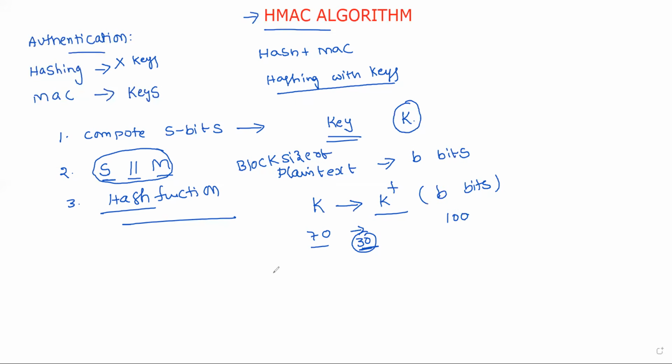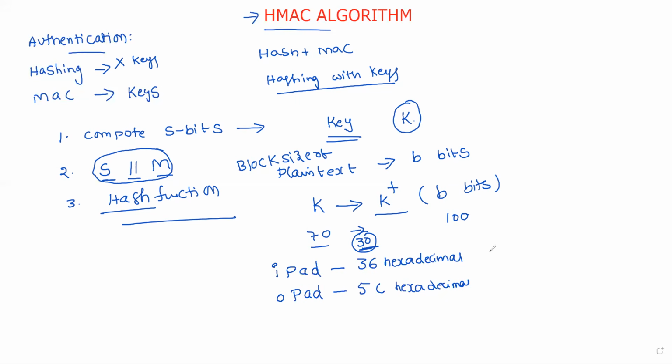For that padding, we are using two terms. One is ipad, second one is opad. The ipad value is 36 hexadecimal. The opad value is 5C hexadecimal.